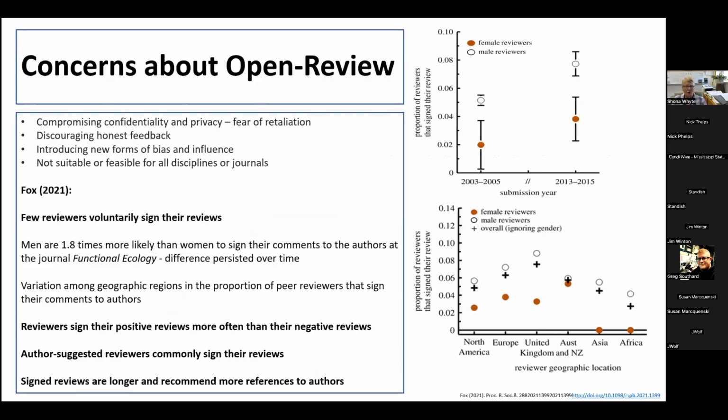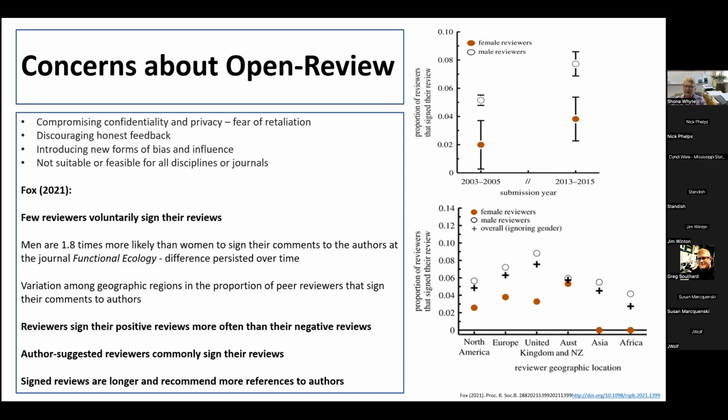So in terms of open peer review, there are concerns about it. It has its benefits in being transparent and allowing individuals to see the comments and the process that takes place, but there are also concerns about compromising confidentiality and privacy, and some fear of retaliation within institutions or groups.